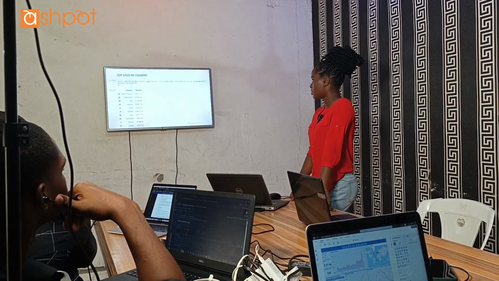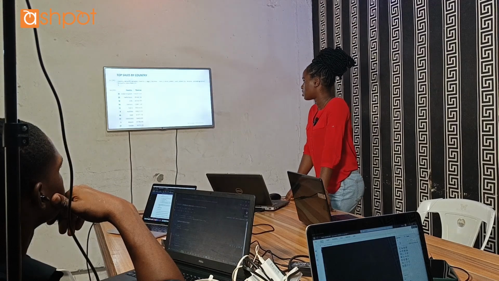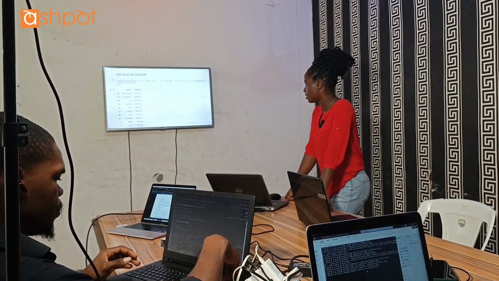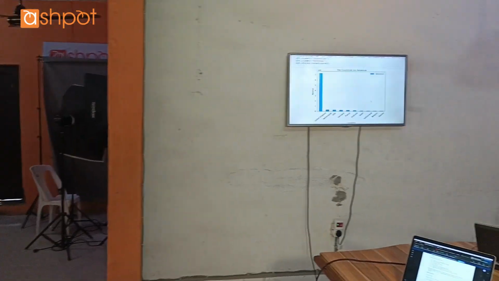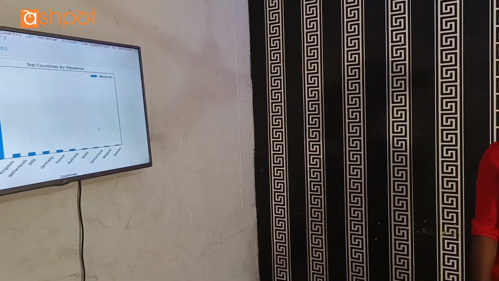Top sales by country. These are the top 10 countries with the most revenue, where the United Kingdom comes first, followed by the Netherlands, then the other countries. This is the visual representation of our top 10 countries by revenue, which shows the United Kingdom to be the first country.